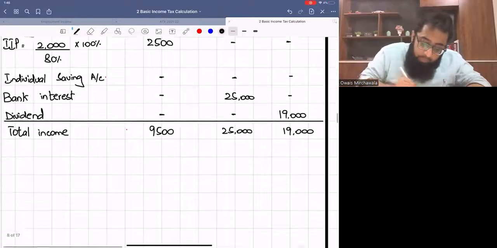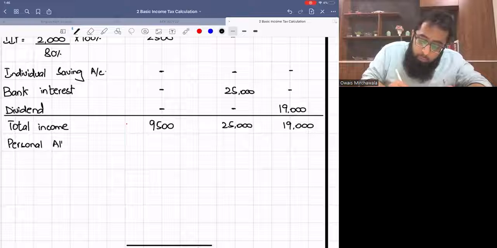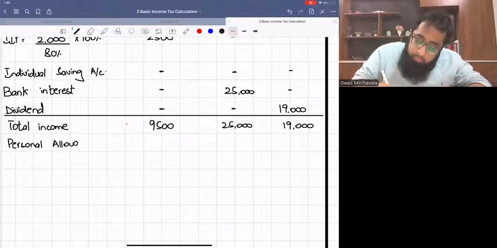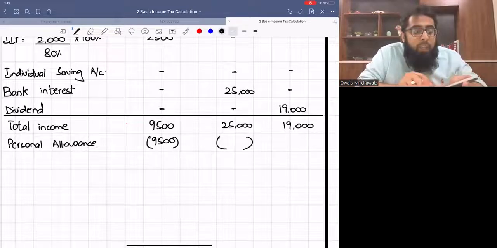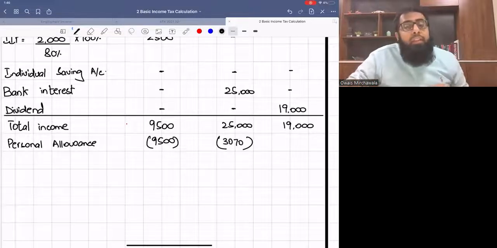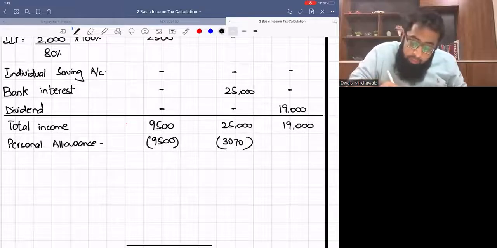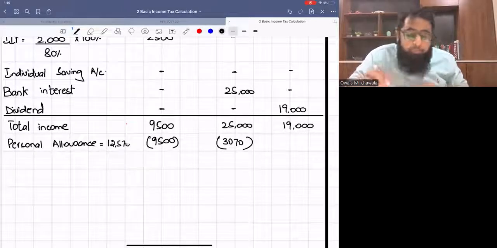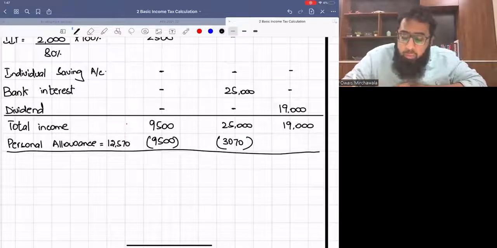Okay. Now we will deduct the personal allowance. 12,570. 9,500 goes from non-saving. And how much personal allowance is remaining? 12,570 minus 9,500, so 3,070 goes out from here. The personal allowance is 12,570: 9,500 from non-saving and remaining goes from the saving.